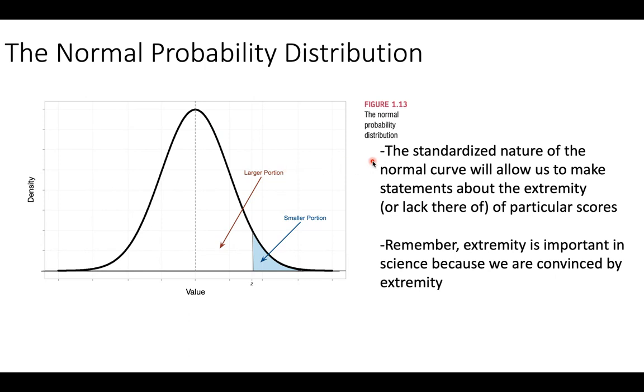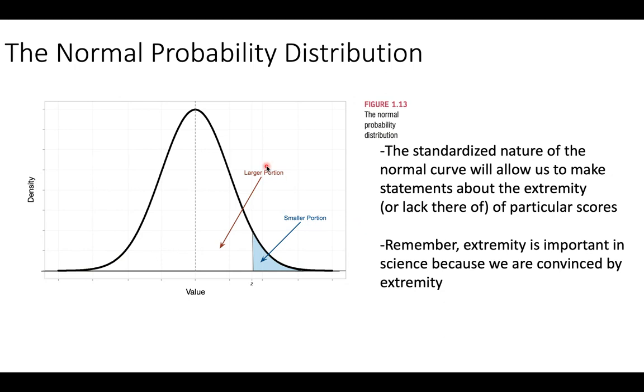Now, this curve is important because it allows us to make statements or decisions about the extremity of a score. And if you remember back to hopefully your previous discussions of hypothesis testing, the process of hypothesis testing is all about deciding: is a score extreme enough to convince us?